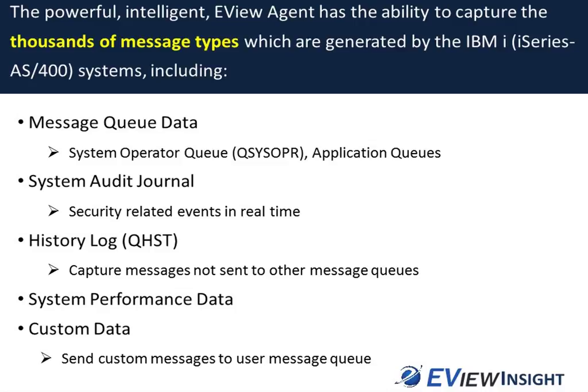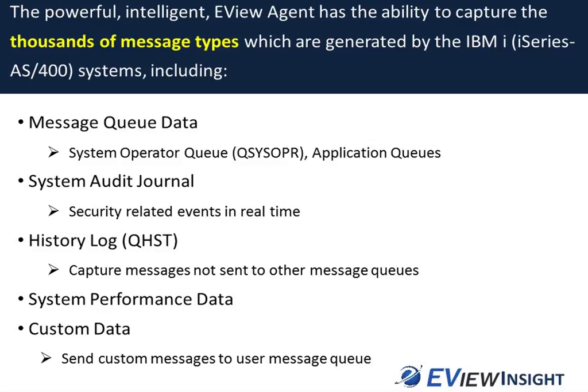Just like on the mainframe, we have ways of filtering that data, so you can control, based on things like message IDs and message severity, which types of data are sent from the iSeries system over to the collector and then on into Splunk.